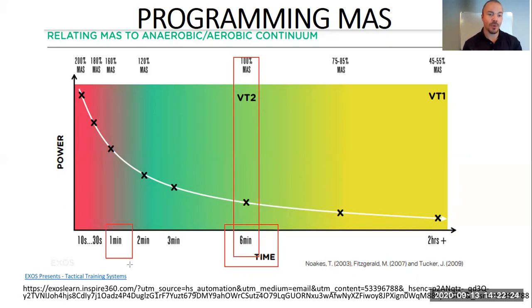So if you're programming for a 1-minute interval, you're probably going to want to take that VO2 max and multiply it by 160%, and that would give you the maximal workload for a 1-minute interval based on your 6-minute run.